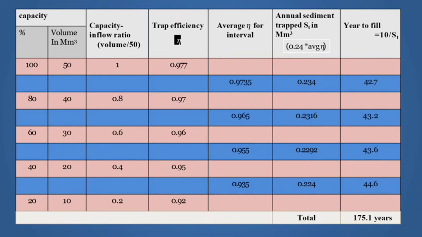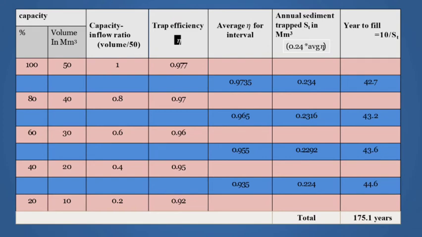And what does this interval signify? It means as this starts, the full volume will be filled with water, and at this point 20% of it will be sediment and 80% of it will be water, and that's how it goes.